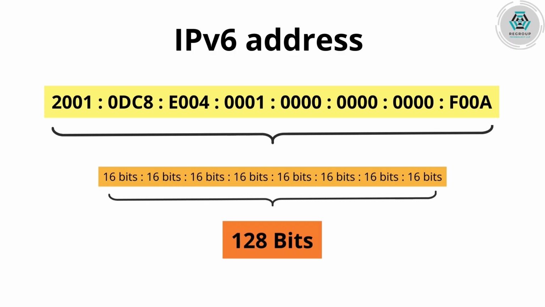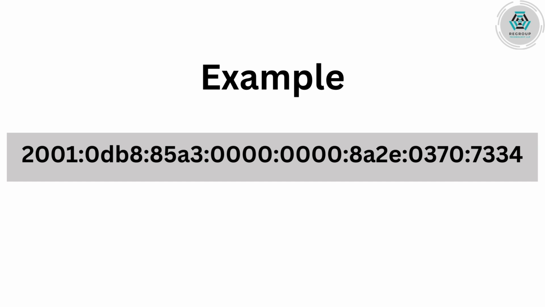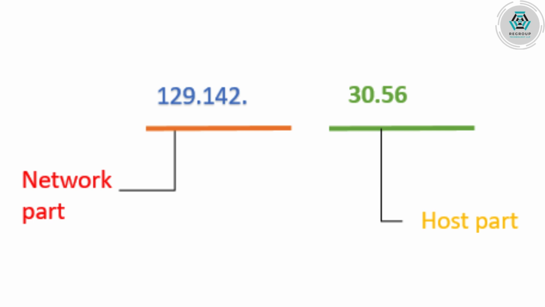IPv6 addresses are 128-bit alphanumeric addresses written in hexadecimal format divided into 8 groups of 4 hexadecimal digits, example, 2001:0db8:85a3:0000:0000:082e:0370:7334. Each IP address has two parts: the network portion, which identifies the network, and the host portion, which identifies the device within that network.